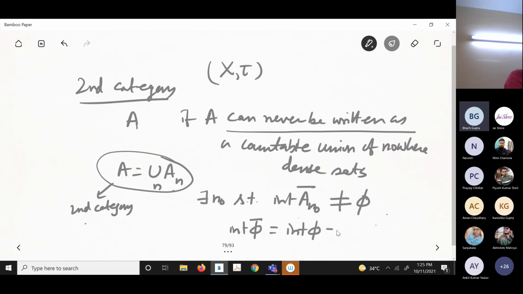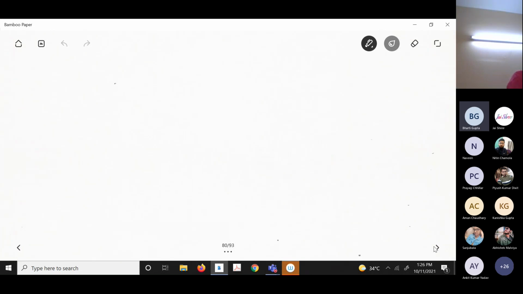So the interior of phi is phi. So it is actually nowhere dense. So particularly it is a set of first category. So the empty set cannot be a set of second category. Okay. I said it's a Baire space if every non-empty open subset is of second category in X. Baire space. Okay. That's the definition.